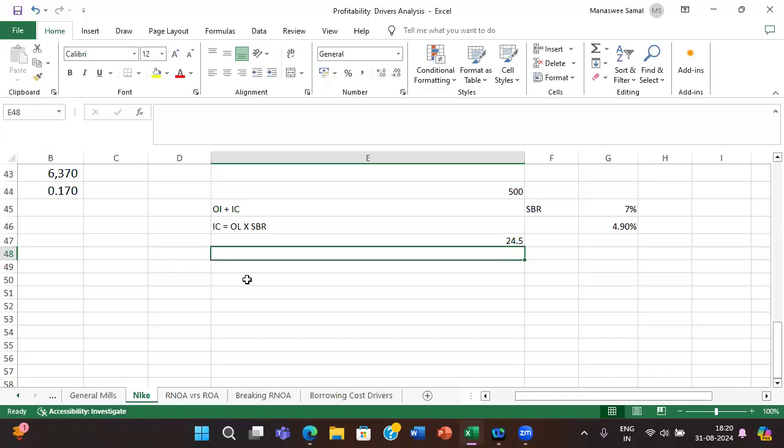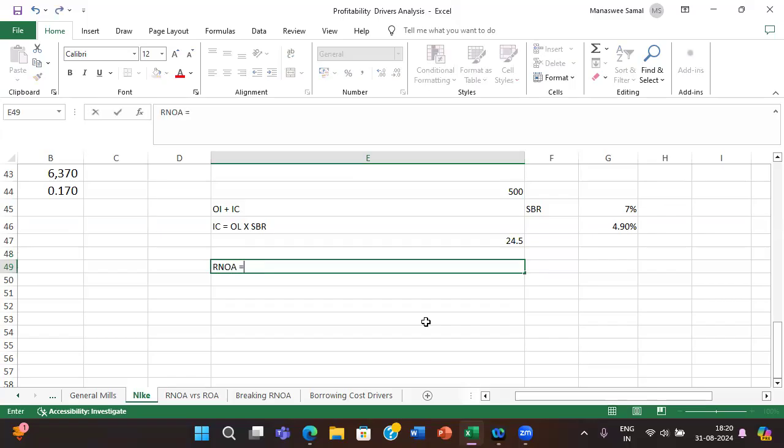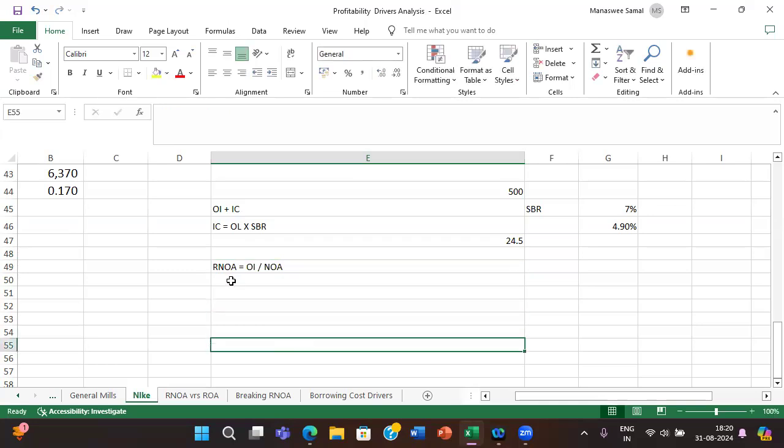If you connect to this much of the discussion, I don't think the equation would intimidate you. We go very slowly. So I know that my RNOA figure is equal to operating income by NOA, right? So I want to study how the RNOA figure is actually getting generated, because in the denominator I have already deducted operating liability, right?